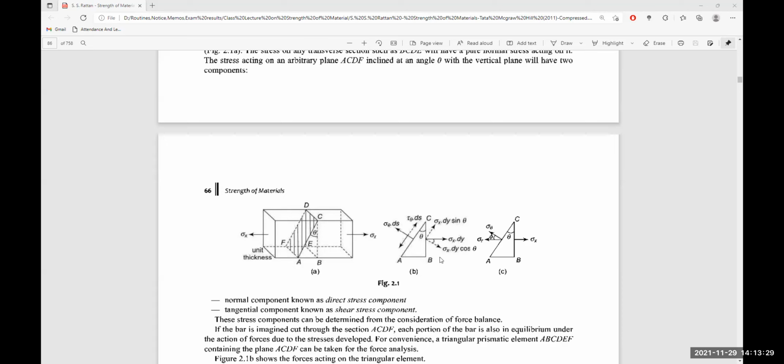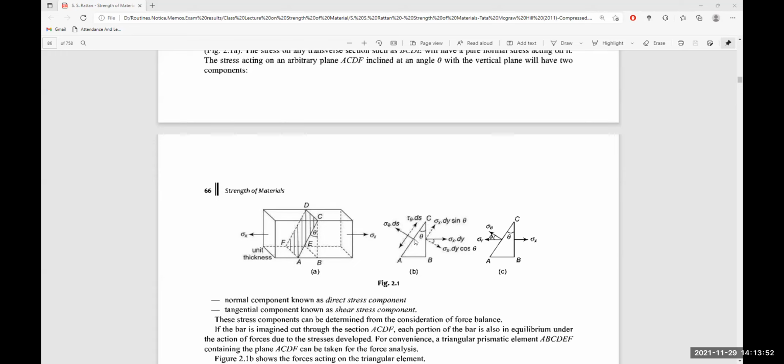We have calculated the stress acting over the inclined plane AC, which is inclined with the normal by an angle theta, and the stresses induced over the surface are sigma theta and tau theta. Sigma theta is the normal stress acting normal to the surface AC, and tau theta is the shear stress acting along the surface AC.